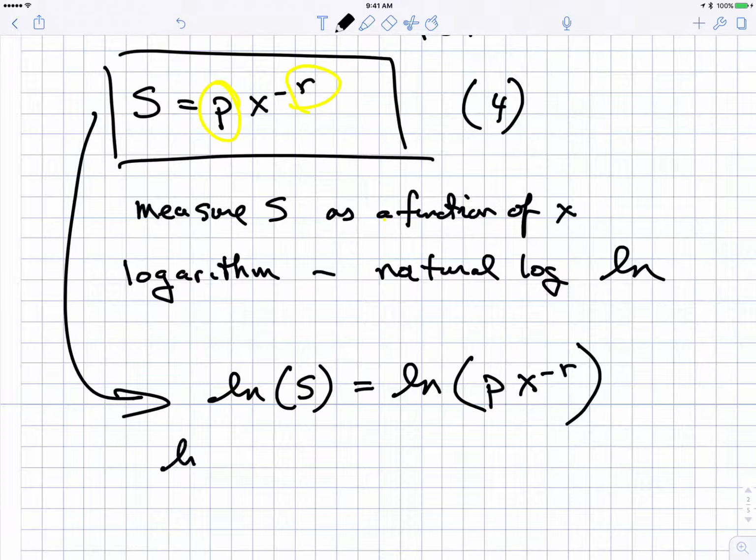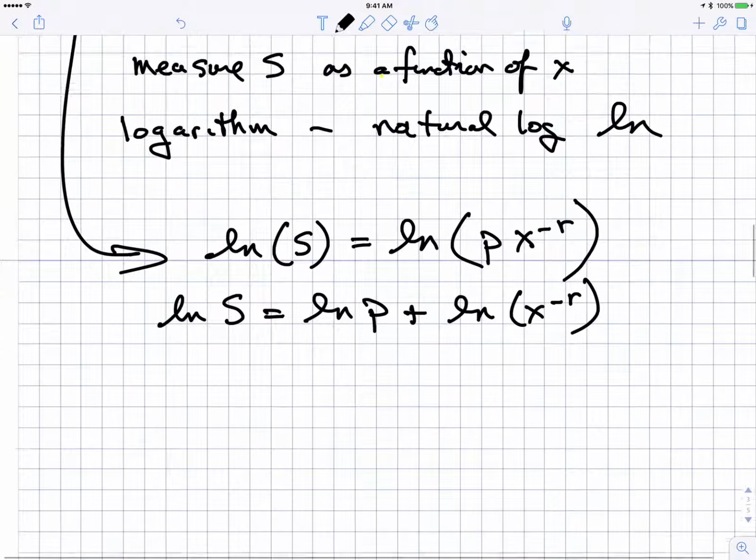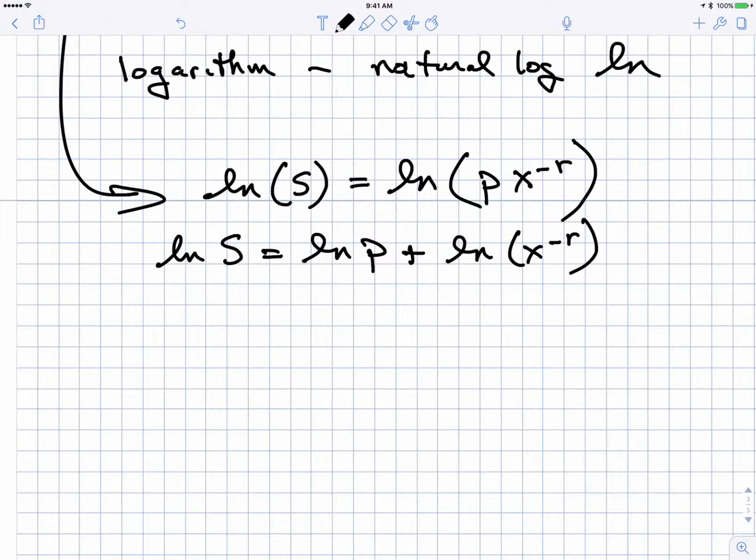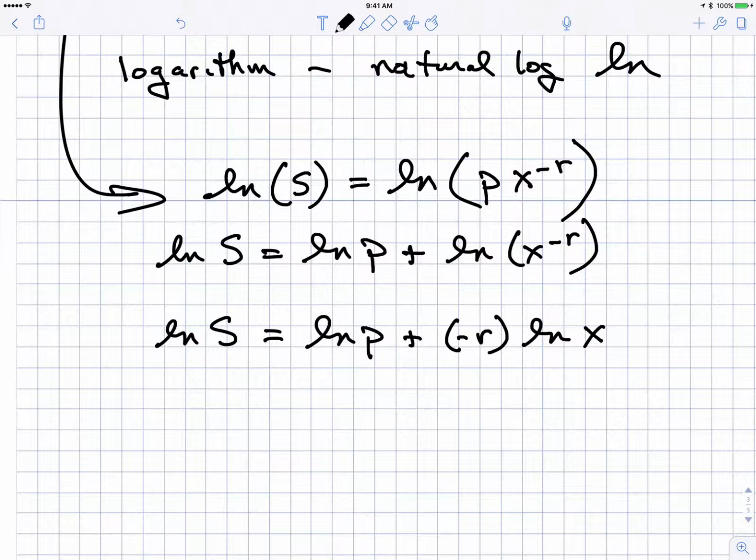So this becomes the natural log of s is equal to the natural log of p plus the natural log of x to the minus r. And a further one of the rules of logarithms says that if you have something raised to a power, the power comes outside the logarithm. So then we can rewrite this as the natural log of s equals the natural log of p plus minus r times the natural log of x.